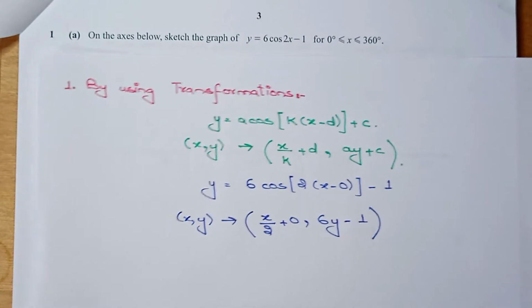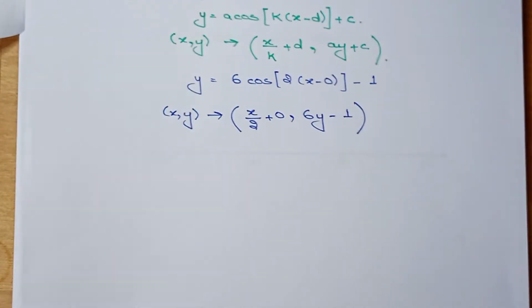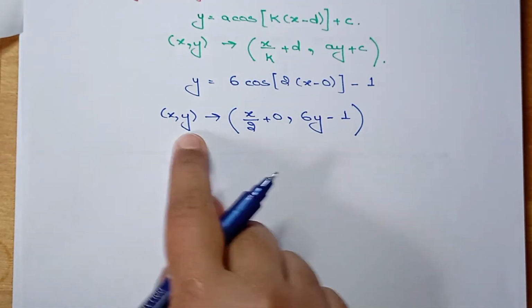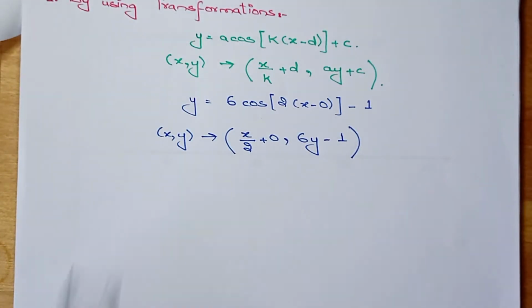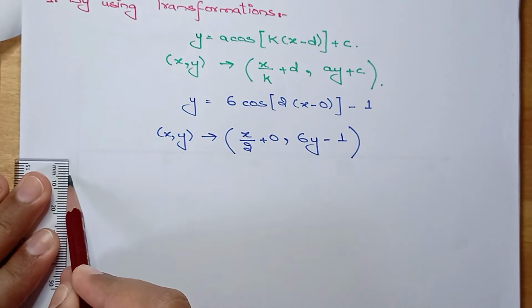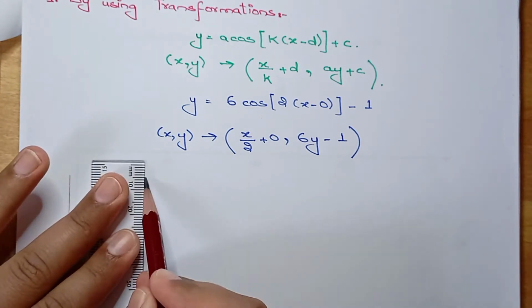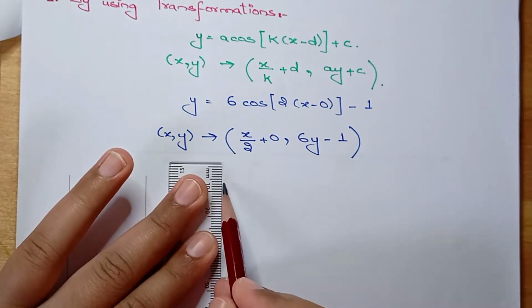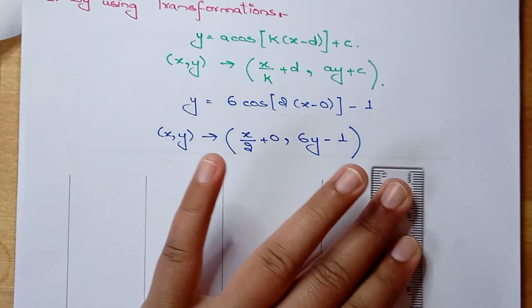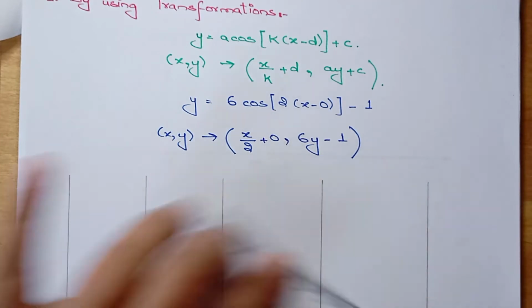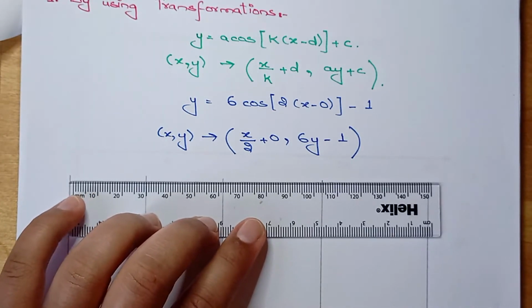Now we need to draw the table of values for this. We can fix for x, y and for the new coordinates. Let me make a table. We have x values, y values, the new transformed x values, and the y values.